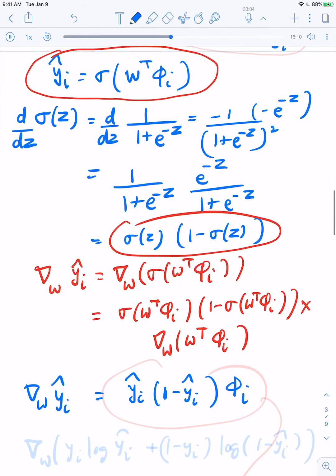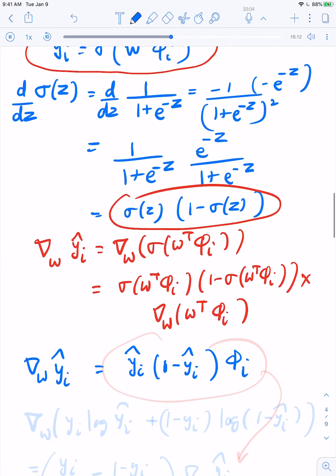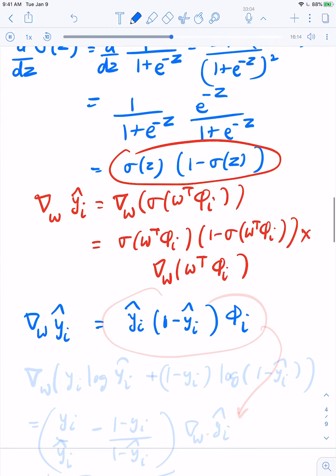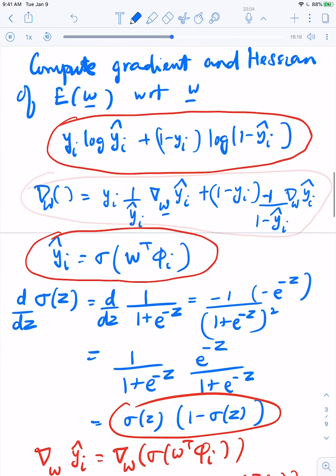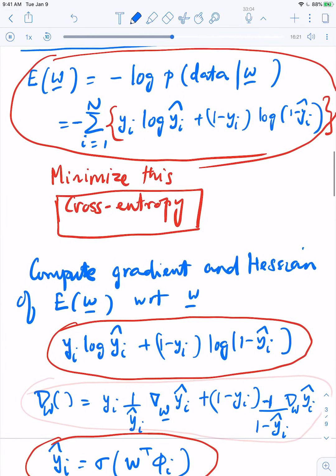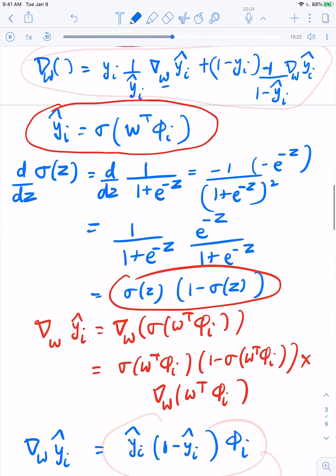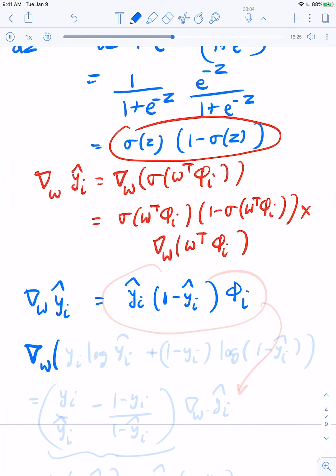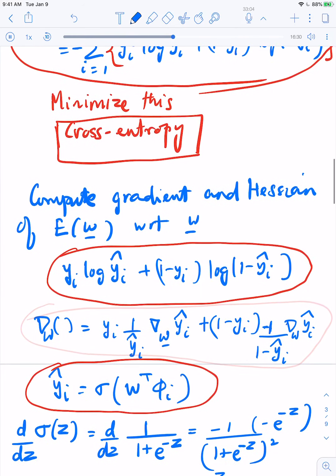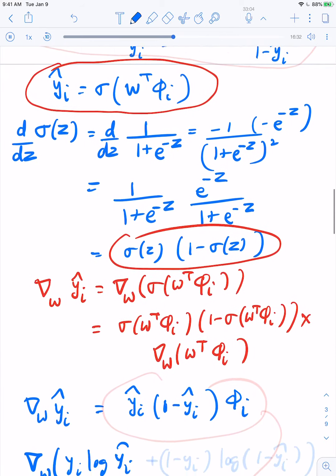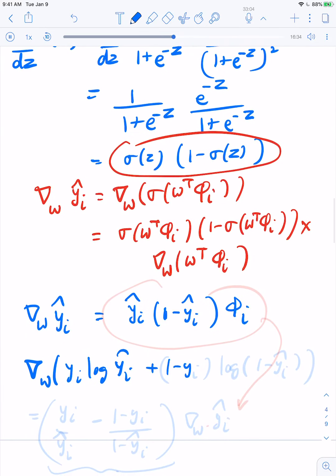And now I can go back to what I had before, when I was looking at del W. What was it? Let's go back and look at it. This guy, right? Yi times log of Yi hat plus 1 minus Yi times log of 1 minus Yi hat. We'd already figured this out.